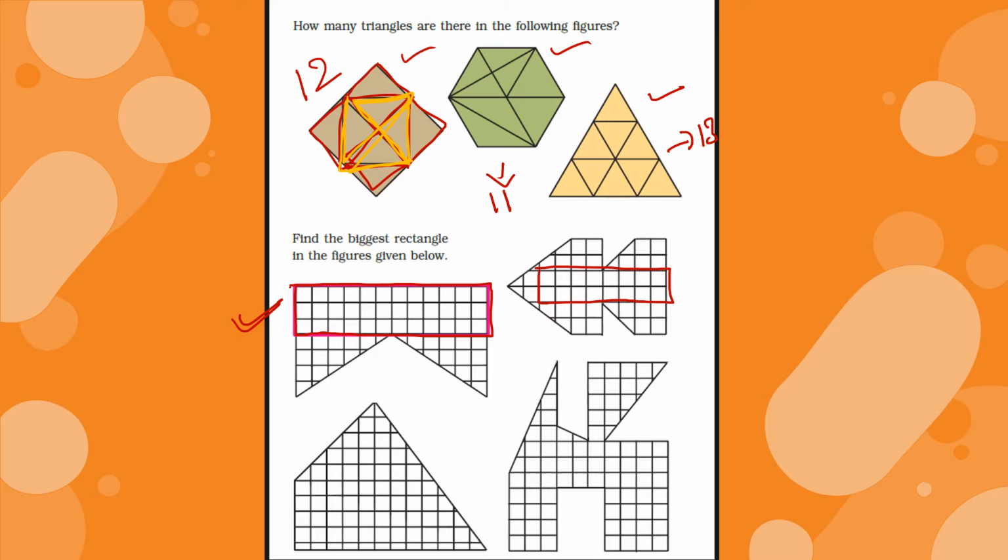Similarly, here, and in this one as well, this will be the biggest rectangle. I hope I'm clear. We have this idea of shapes and we can do these exercises.